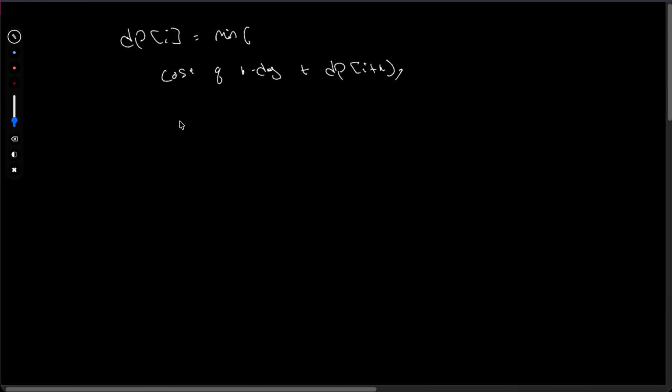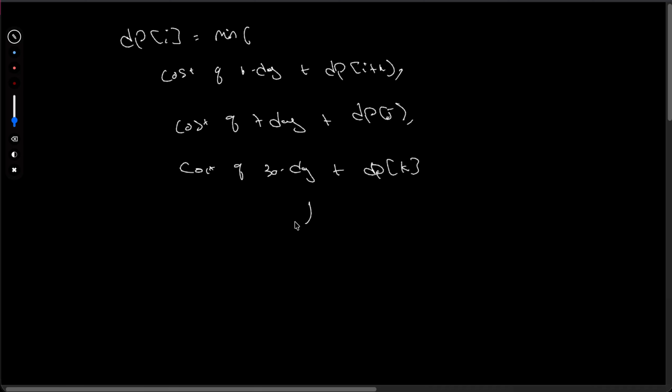Next, cost of 7 days plus dp of j. Next, cost of 30 days plus dp of k. Okay, so that is recurrence.